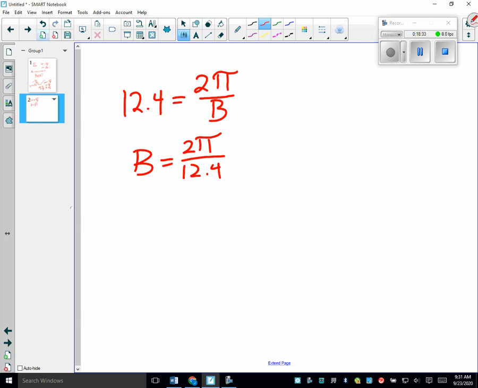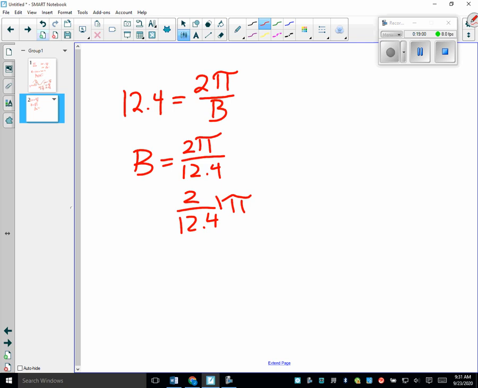Now, the problem here is I cannot have a decimal in a fraction. So is my fraction 2 over 12.4 times pi?